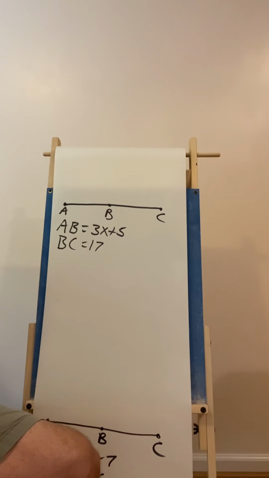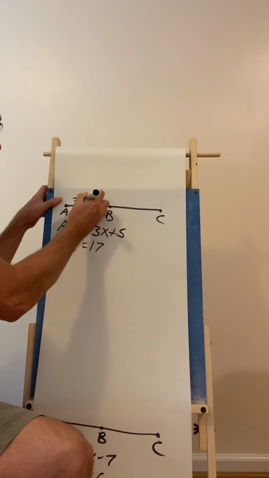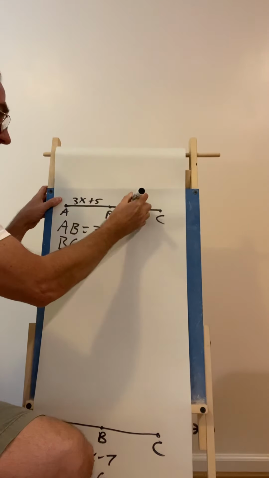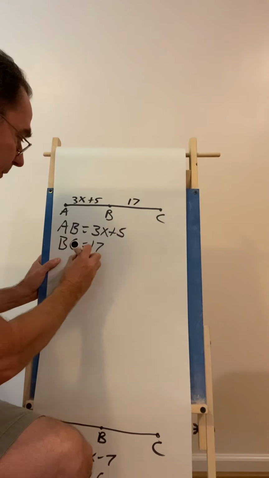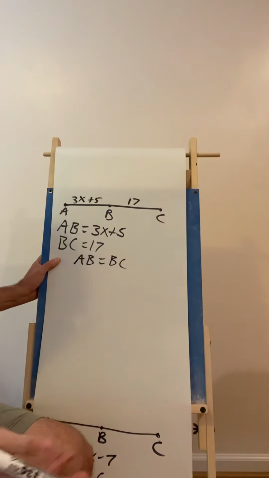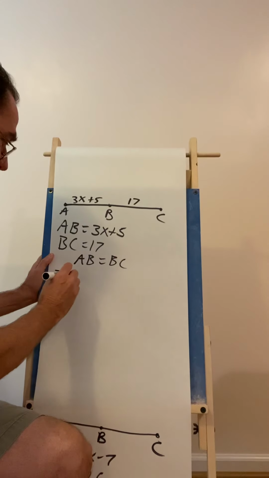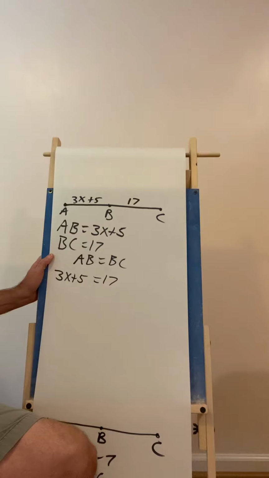Now, if I look at this problem, because B is the midpoint, and if I label the AB as 3x plus 5, and I label the BC as 17, since it's the midpoint, I know that AB equals BC. That's kind of what the definition of the midpoint is. Therefore, I know that 3x plus 5 is equal to 17, and that's our equation.